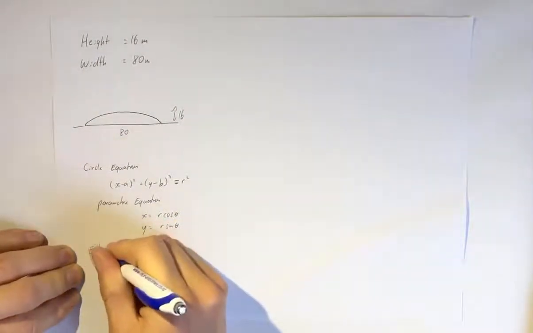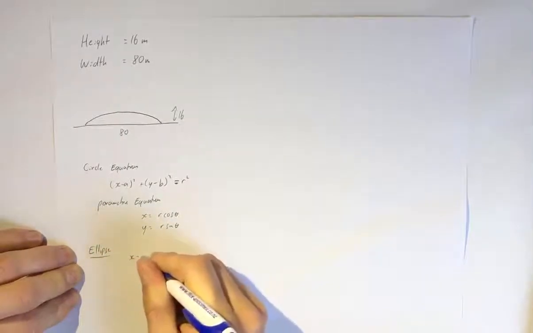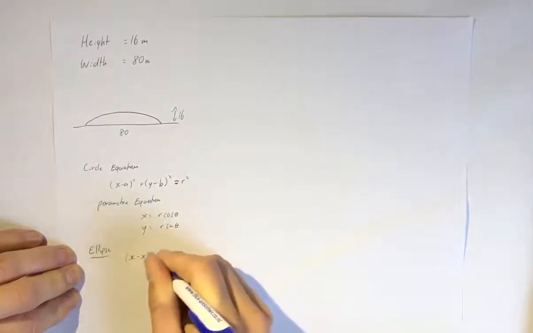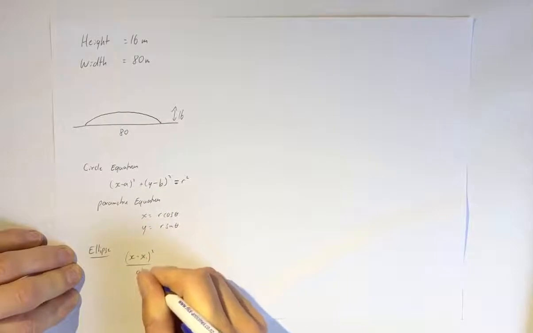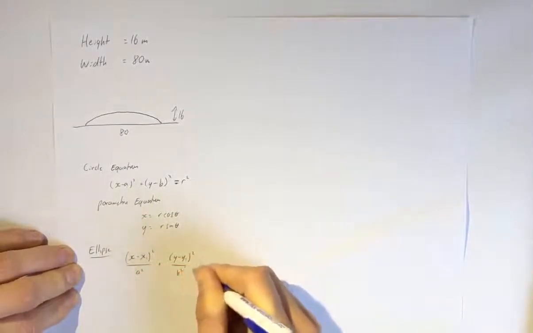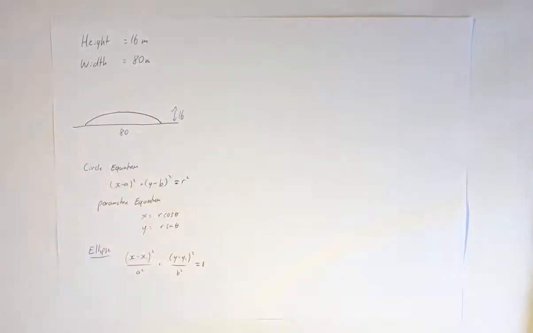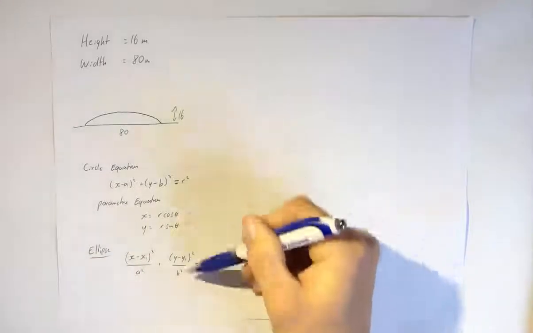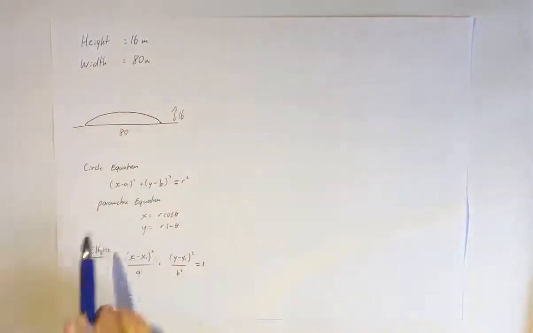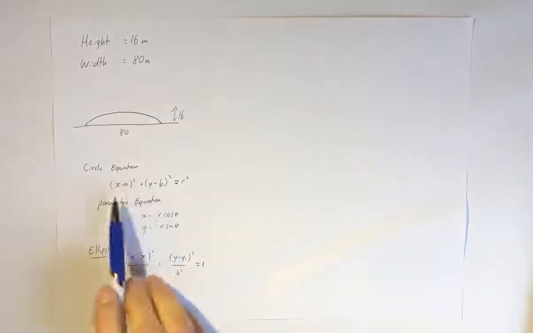We also have the ellipse, and that had a center at (x - x1)²/a² + (y - y1)²/b², and that gave us 1. Don't get confused between these a's. They're totally different, right? That's a circle centered at (a, b).